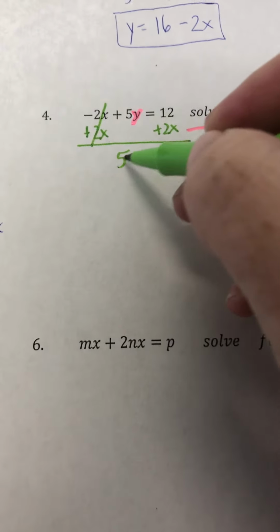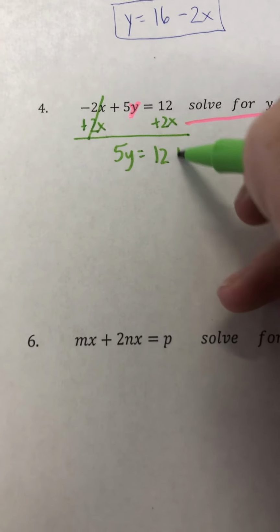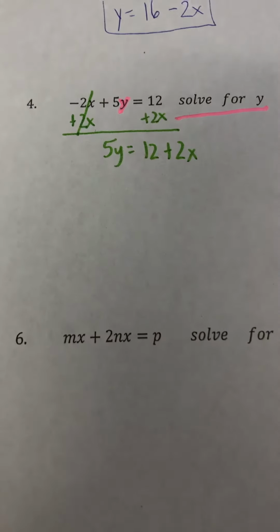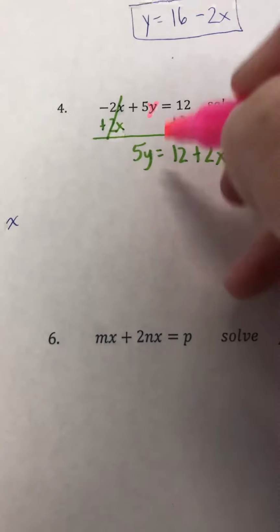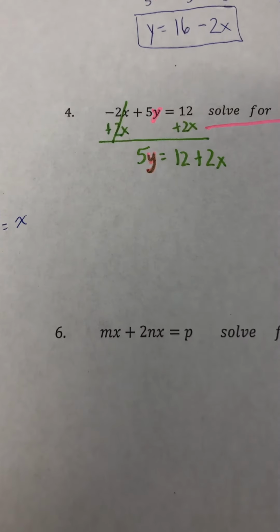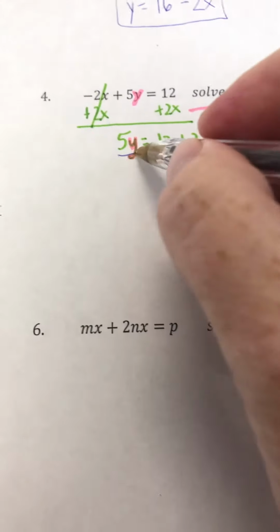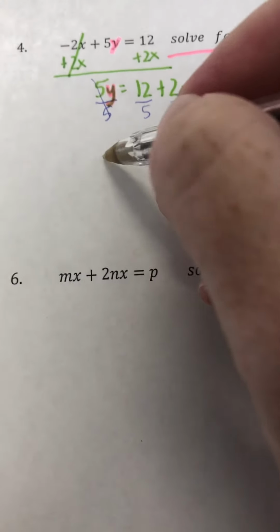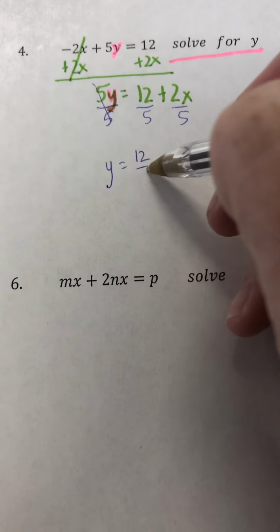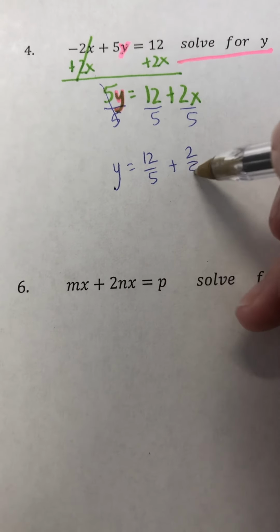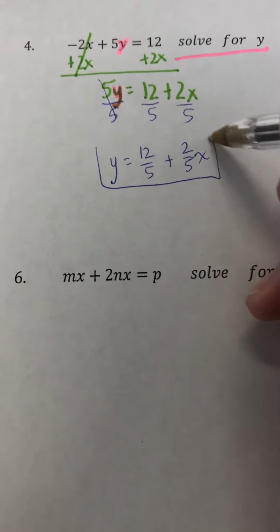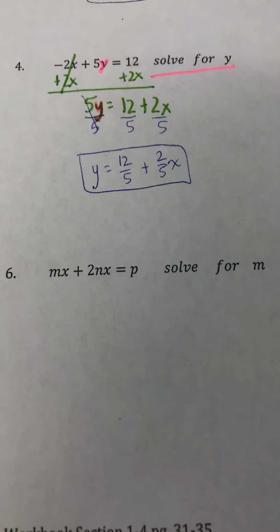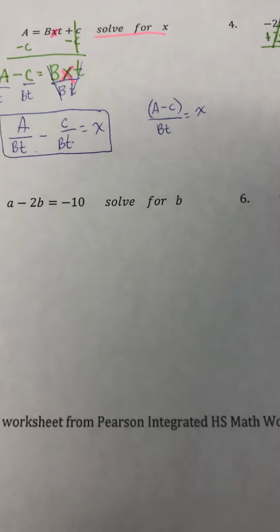So I've got 5y equals 12 plus 2x. Then I want y by itself. So I'm going to divide by 5 everything. And unfortunately, none of that cancels out. So we're just going to leave 12 over 5 plus 2 over 5 x. Why don't you try this next one?